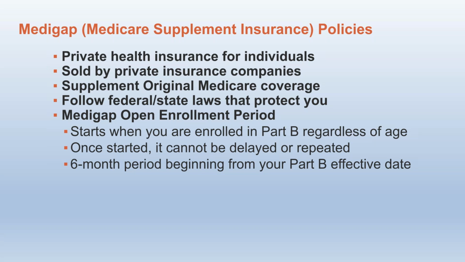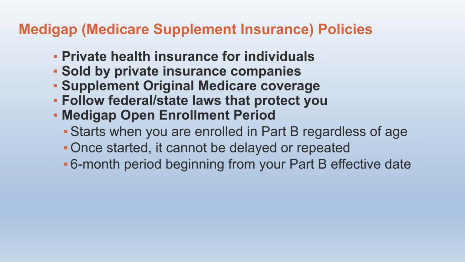They pay for Medicare covered services provided by any doctor, hospital, or provider that accepts Medicare, may cover certain things Medicare doesn't, depending on the Medigap plan, and must follow federal and state laws that protect people with Medicare.